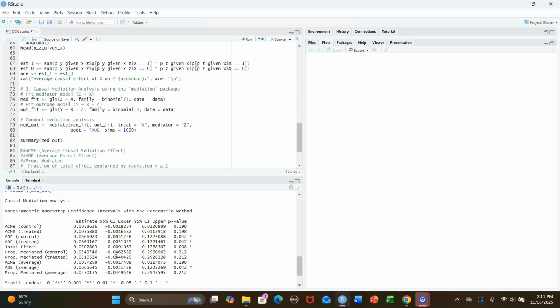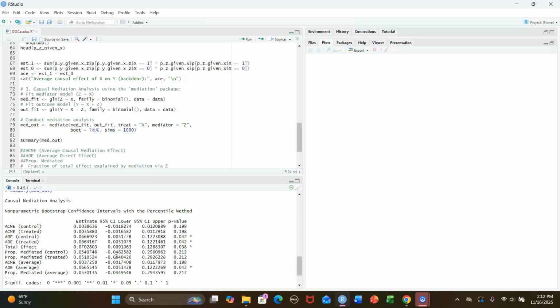And then you have the total effect, which is the total sum of all the previous average indirect and direct effects. Okay. And you have proportion mediated, that's the proportion of mediated effect over the total effects, and stratified by groups in the control and treated group. Okay. And then we also have the total averaged ACME and ADE and the proportion mediated.